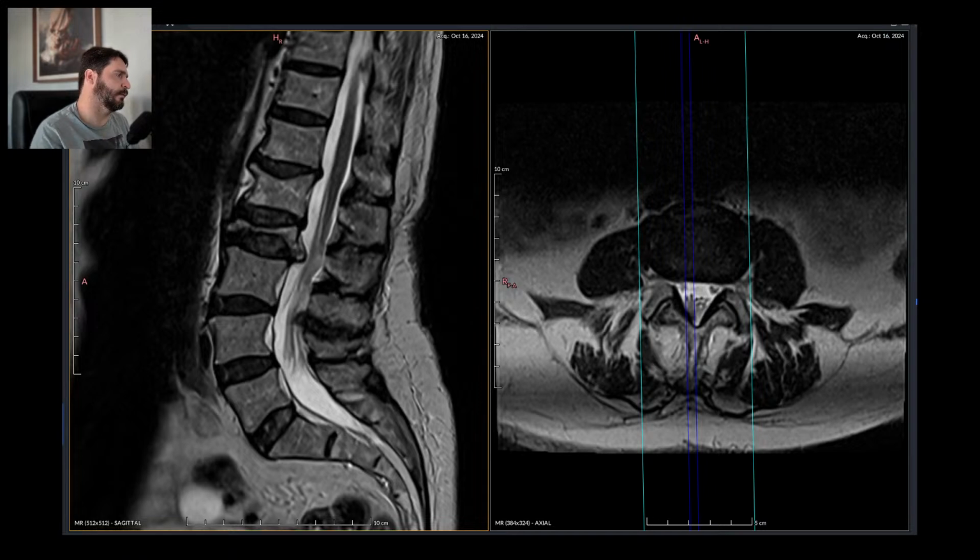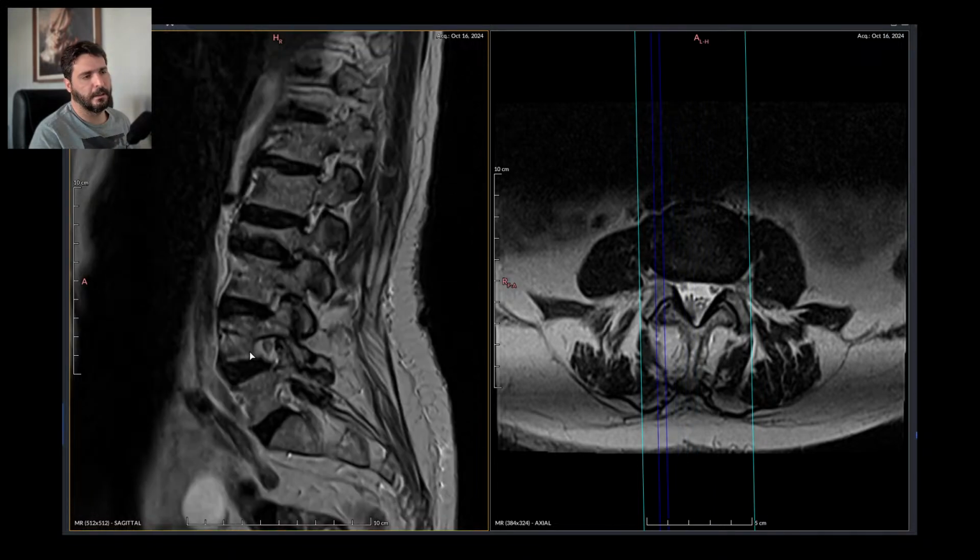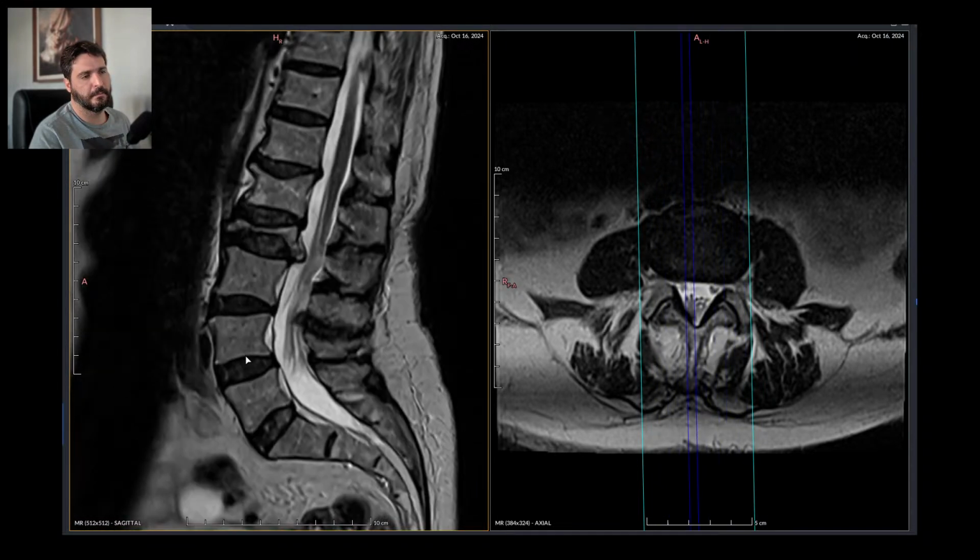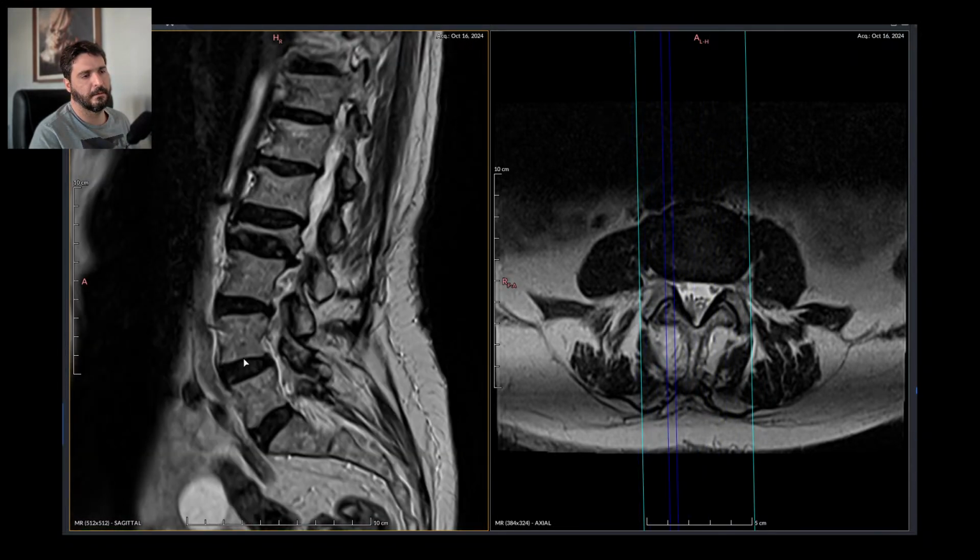The entire lumbar spine is pseudoarthrotic. So this is Baastrup disease or Baastrup, something like that. I can't really pronounce it. Maybe Google can.